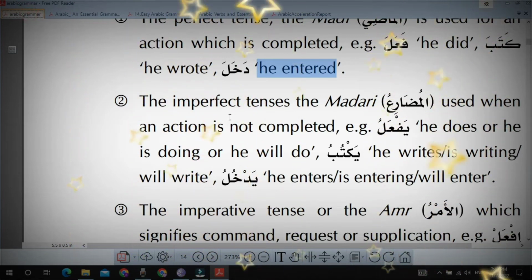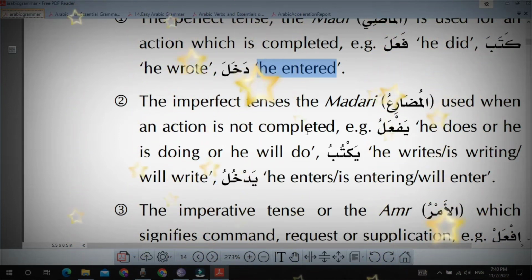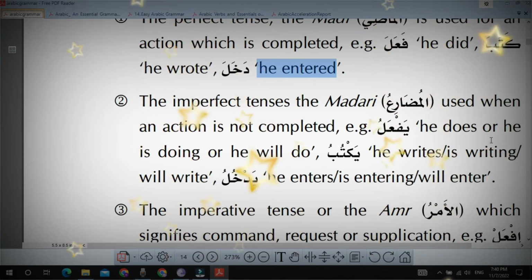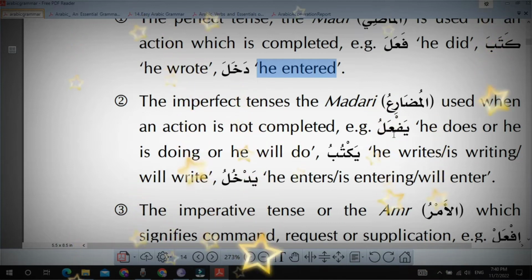So the imperfect tense, the mudari', is used when an action is not completed. For example, the word yaf'alu, it means he does, or he is doing, or he will do. It has three meanings.